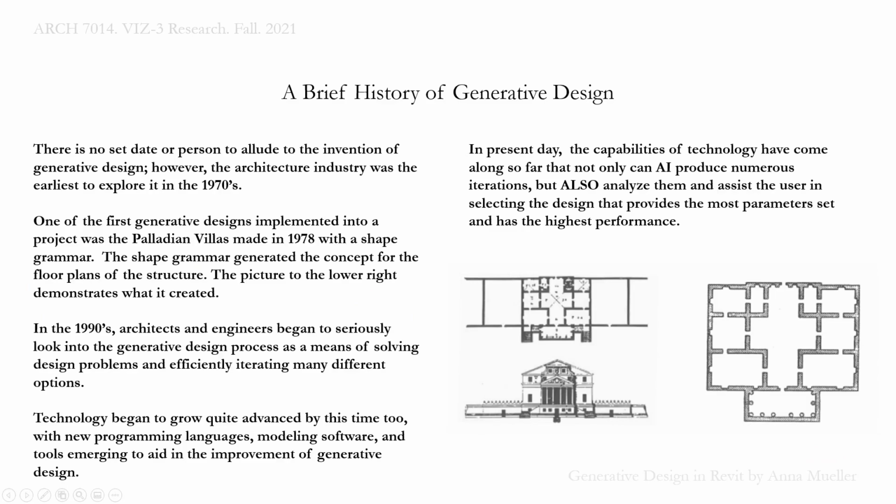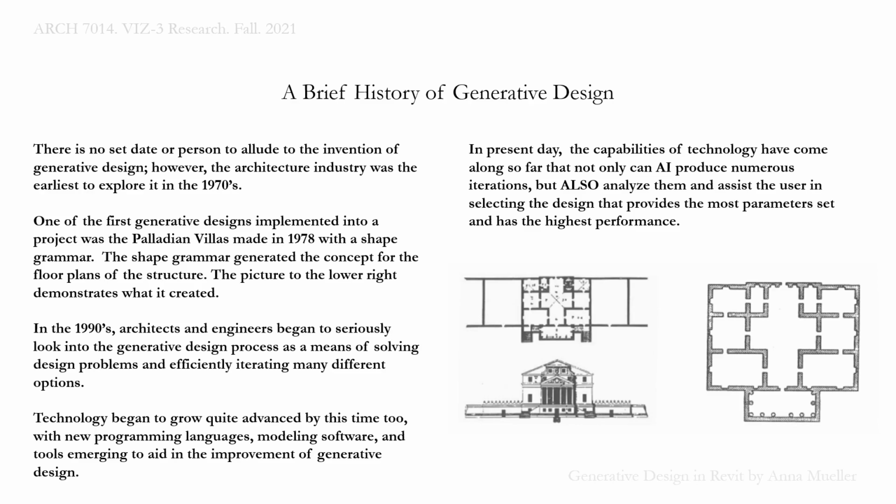So a brief history of generative design, kind of like how the computer was invented. There's no really start date or single person that came up with its invention, but it started around the 1970s.